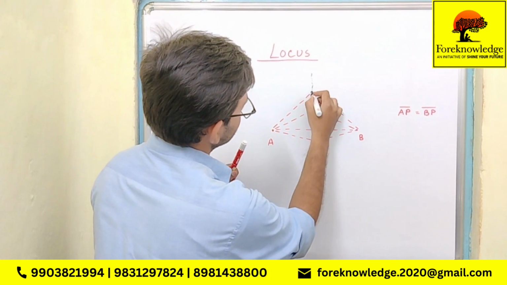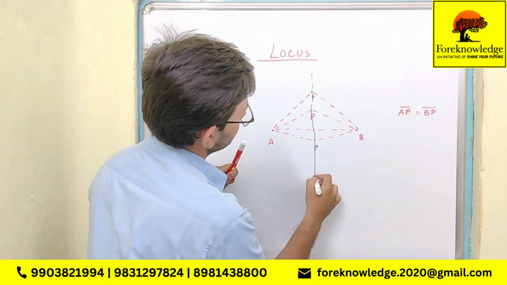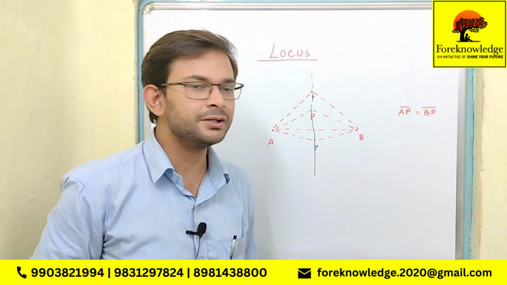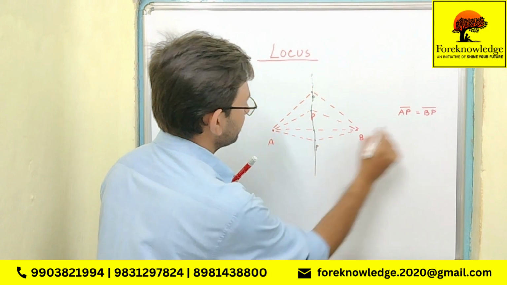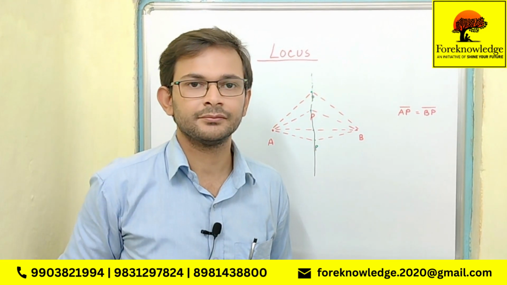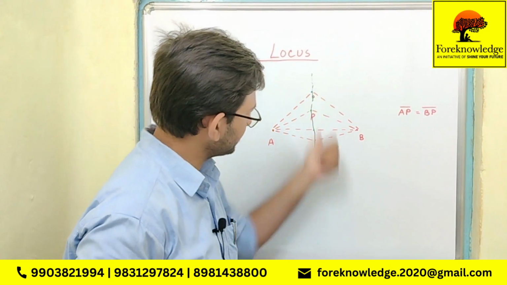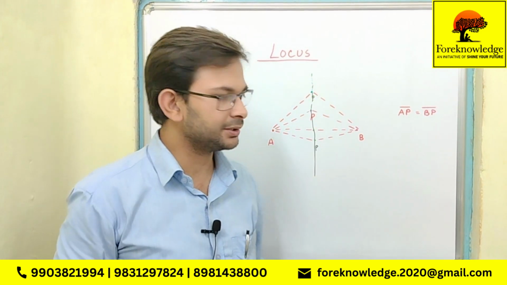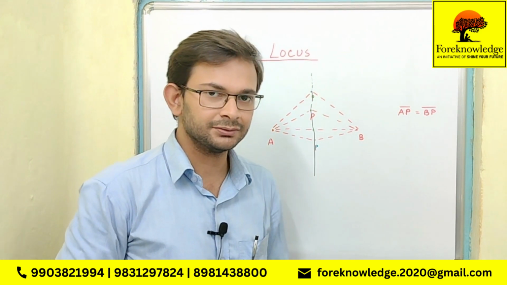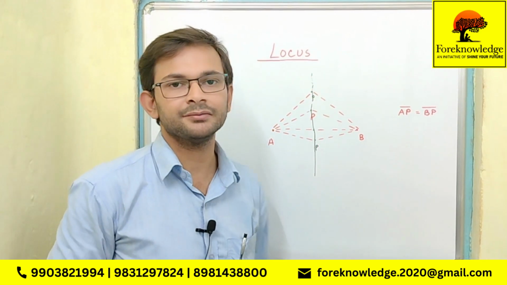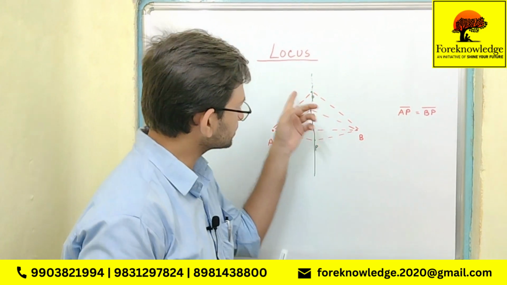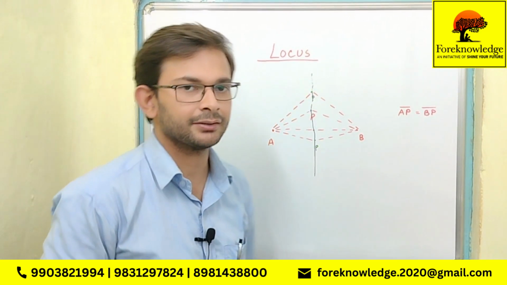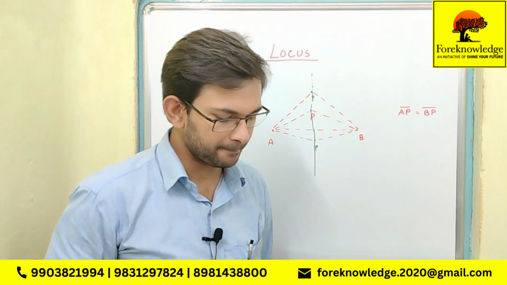Here it is a straight line, and this straight line will be nothing but the perpendicular bisector of AB, the connecting line segment A and B. This is the locus of P, the straight line that is drawn in the black.